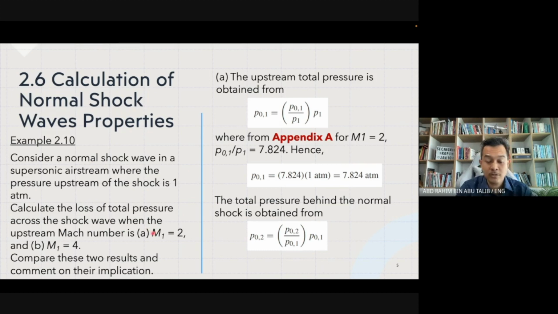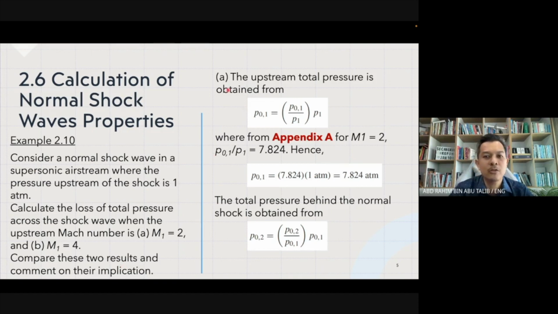There are two conditions over here. The first condition is M1 equal to 2. You have to calculate that first, and then you continue with another condition where M1 equal to 4. And then later on, you need to compare these two results and comment on their implication.